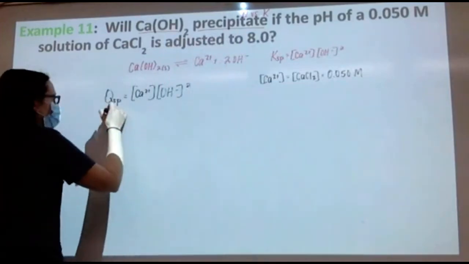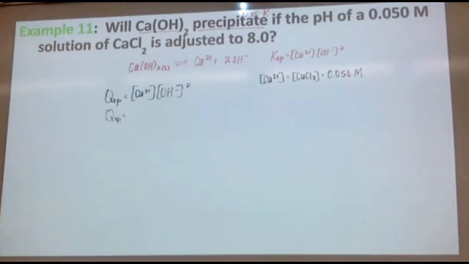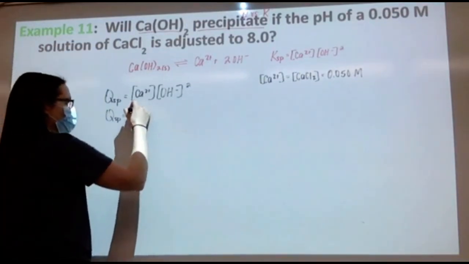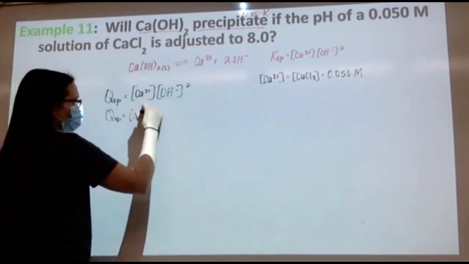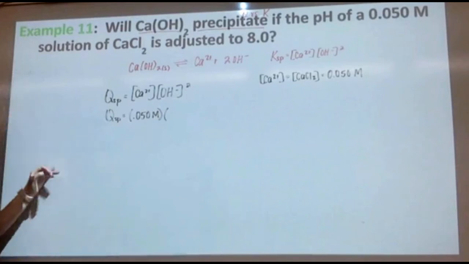So in my Q expression, notice I do not have an ICE table because I'm not focused on equilibrium. I'm using the information that they give us. I'm using the current conditions to compare Q to K. So Ca2+ is given to us from calcium chloride.